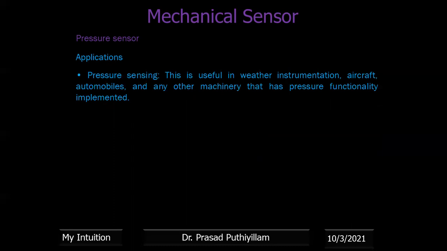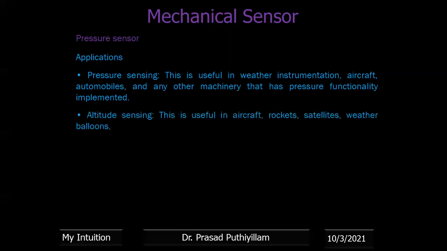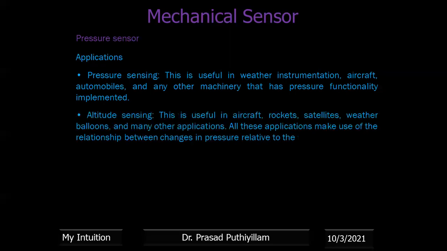Application, mainly the pressure sensing. It is used in weather instrumentation, aircraft, automobiles, and other machinery in which variation in pressure acts as a function. It is used in altitude sensing because as altitude varies, there is a pressure variation. Therefore, it is used in aircraft, rockets, satellites, and weather balloons.